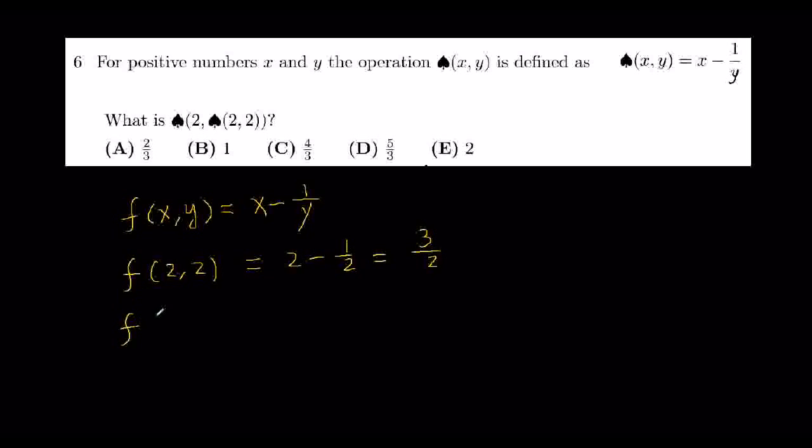Then we calculate the function of 3 halves and 2. By definition, that is 2 minus 2/3, which is 4/3. Answer is C.